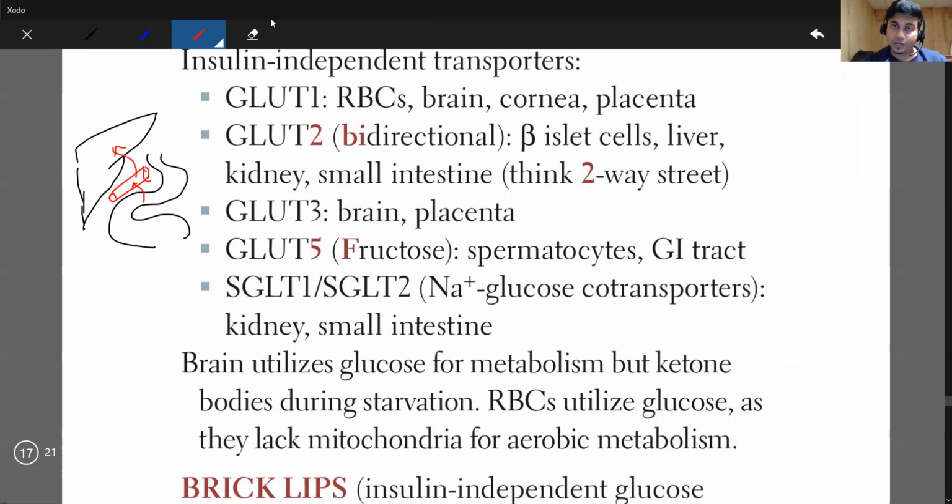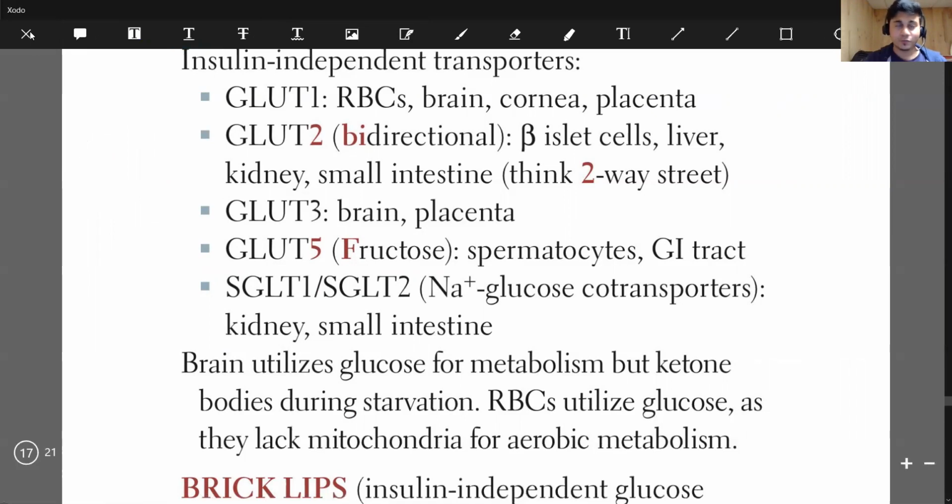Now, here works your glucose 2 transporter. It takes up the glucose from the intestine, and in the liver cell it takes up the glucose from the blood. The same transporter goes to the blood, away from the blood. That means it's bidirectional. It goes to the blood from the intestine, and it is taken up from the blood. That's why it is called bidirectional, both ways.